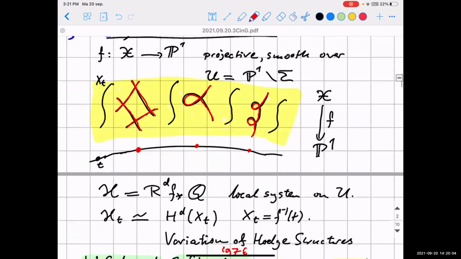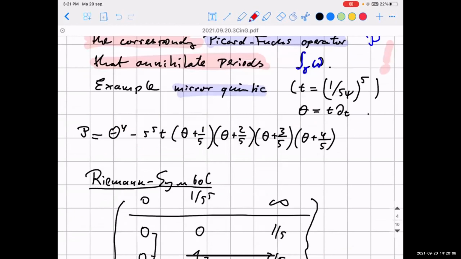It's a celebrated form, written down. It's a hypergeometric differential operator. Theta is the logarithmic derivative with respect to the parameter t. The parameter t is just expressed in terms of the parameter which was formerly called psi.